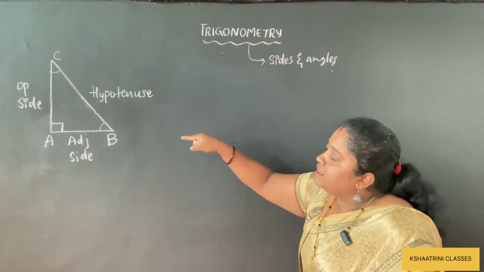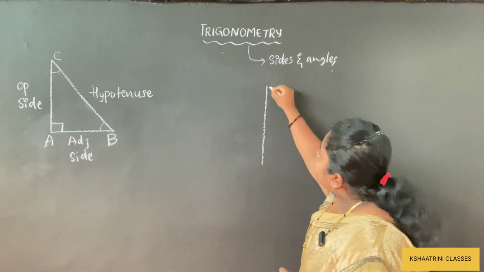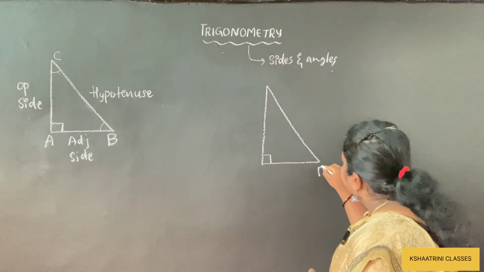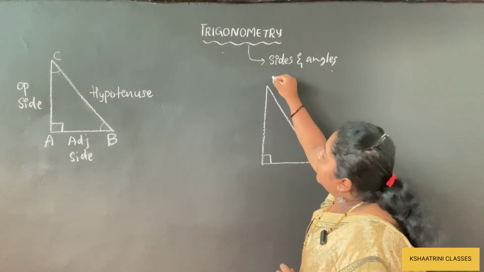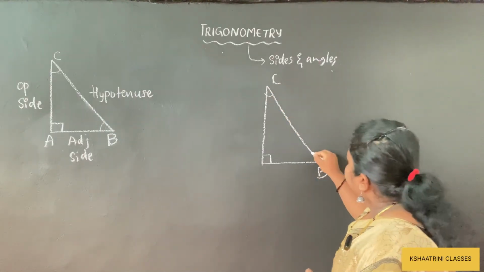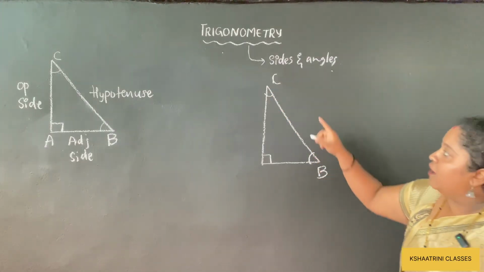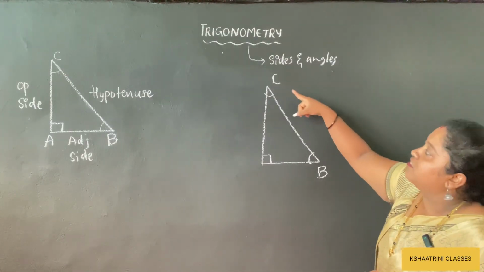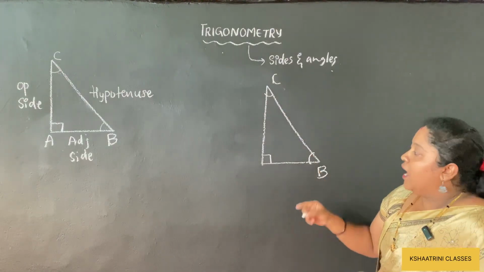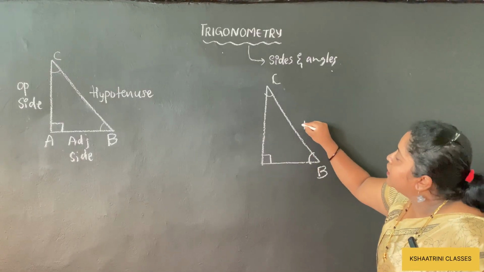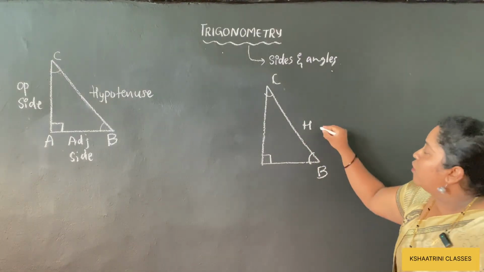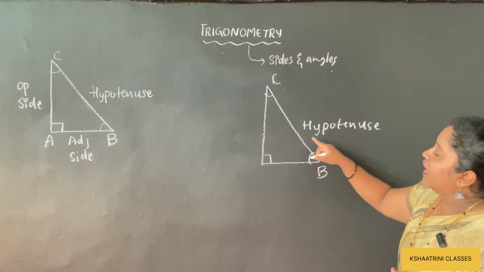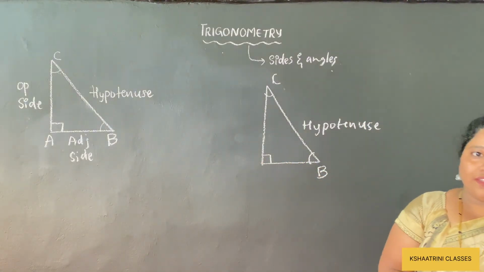Now I'll consider the same diagram and analyze the sides with respect to angle C. As usual, the hypotenuse is not going to change. It remains as it is, as it is the side opposite to the 90 degrees.